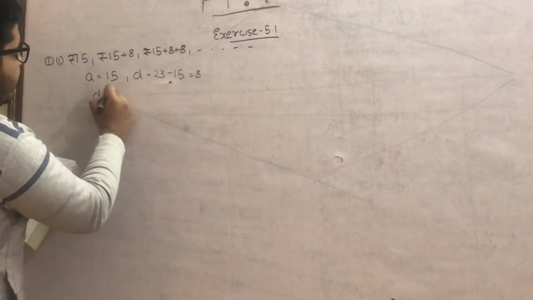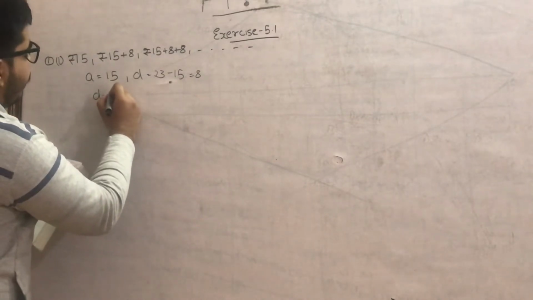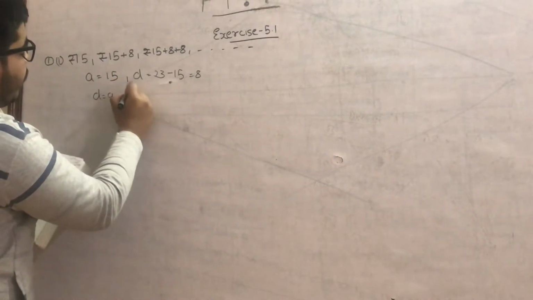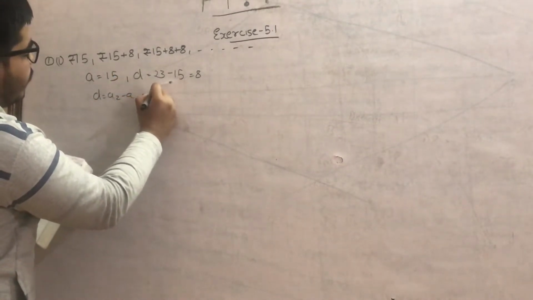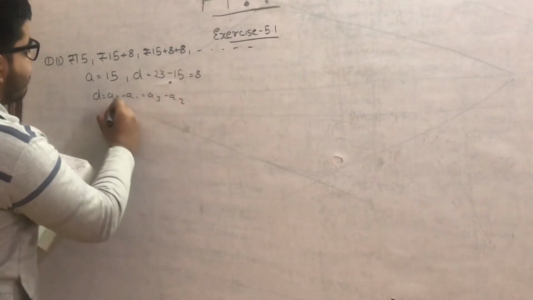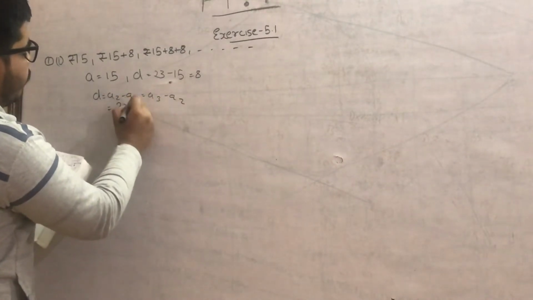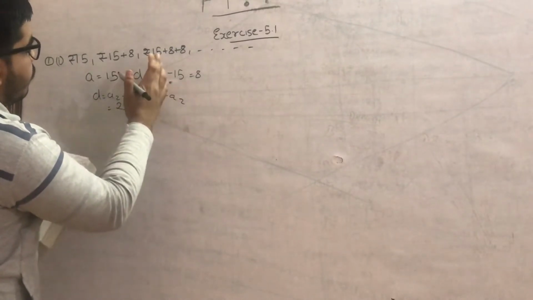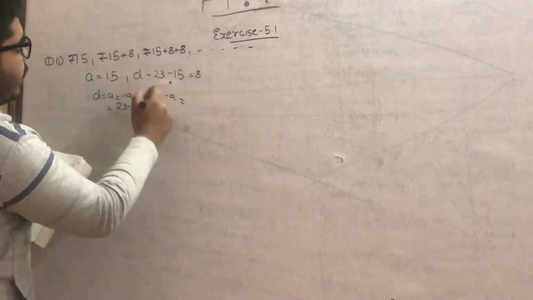To find AP, we have to use the formula A2 minus A1 is equal to A3 minus A2. 23 minus 15 is equal to 8, and 15 plus 8 plus 8 is 31.